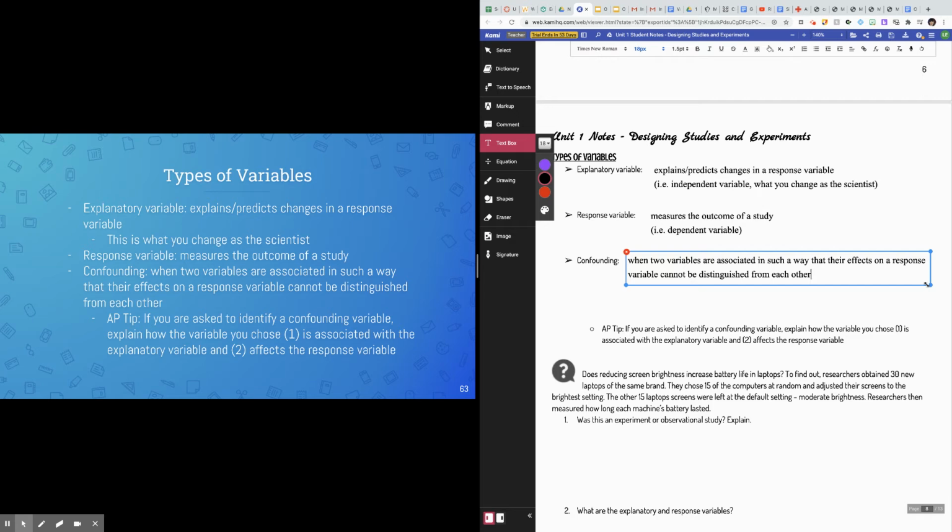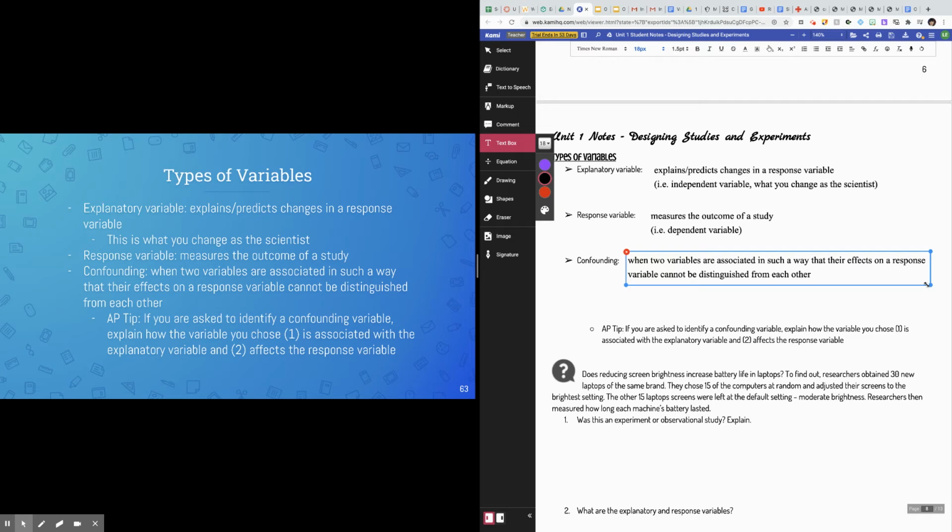So, in the plants example, temperature is a variable that could definitely affect how tall a plant gets or how many leaves it gets or how fast it grows, however you're measuring growth, right? Because some plants do really well in colder environments versus some plants that do better in warmer environments.